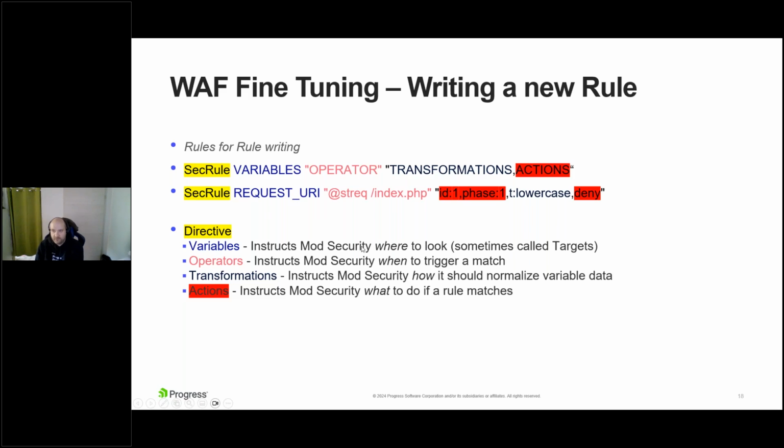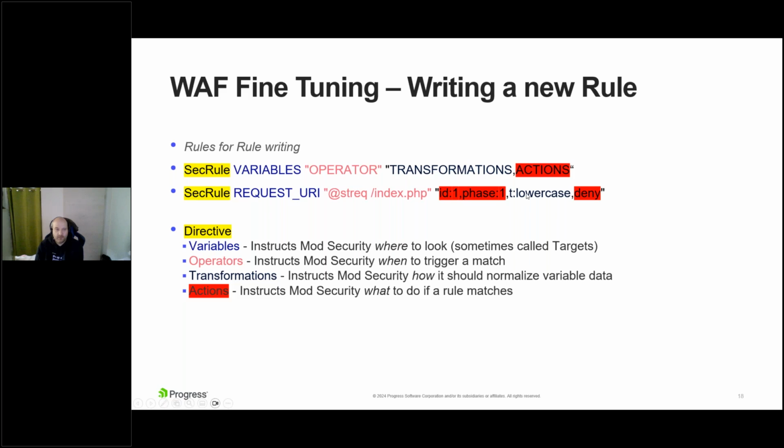Then you have an operator. So this is what needs to be triggered to match. So here in this case, you see it's doing a regular expression and it's checking /index.php. You might have transforms or transformations. So this is, for example, if you have requests coming from Windows and some coming from Linux systems.